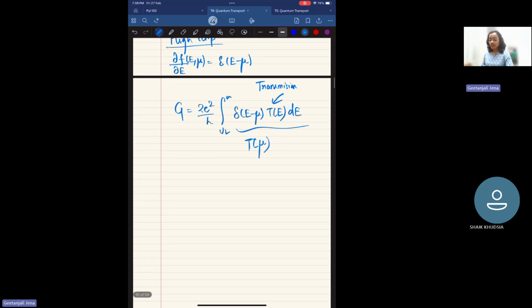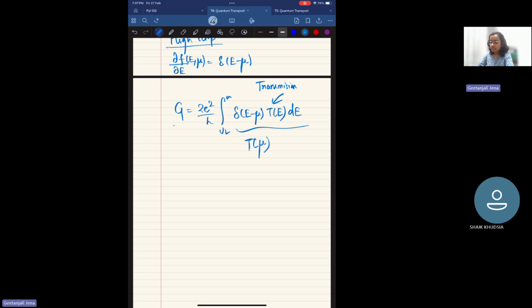This is about the different cases that we have seen. Now we have considered that this transport is happening in the quantum ballistic region and there is no scattering.